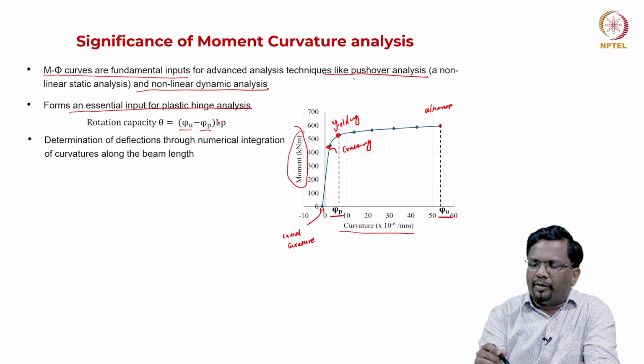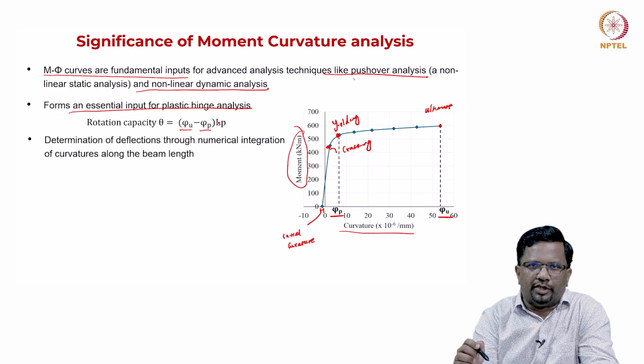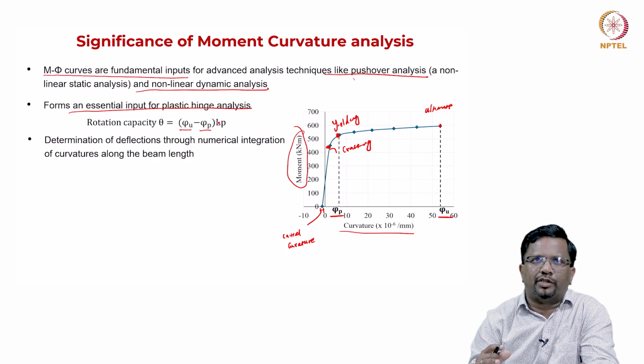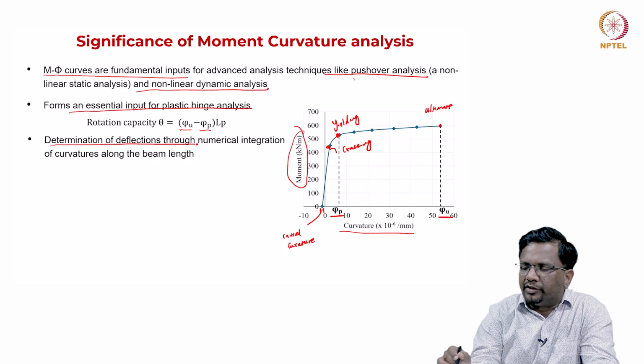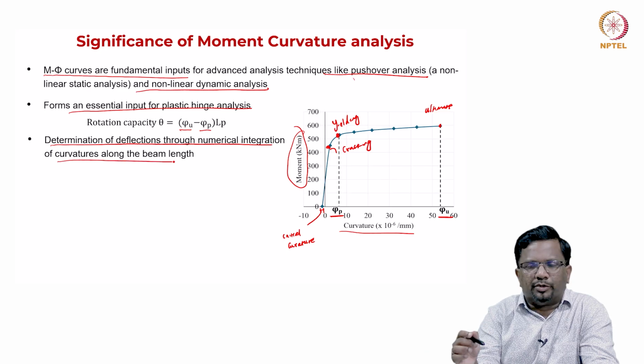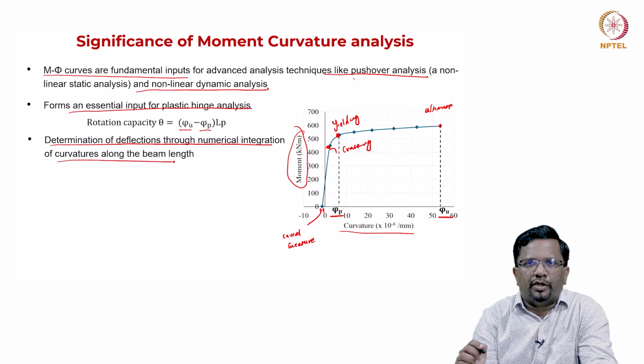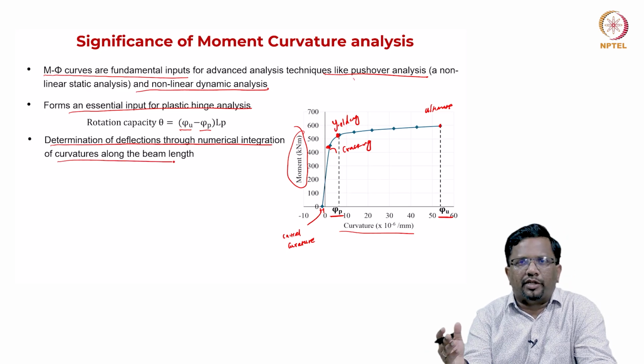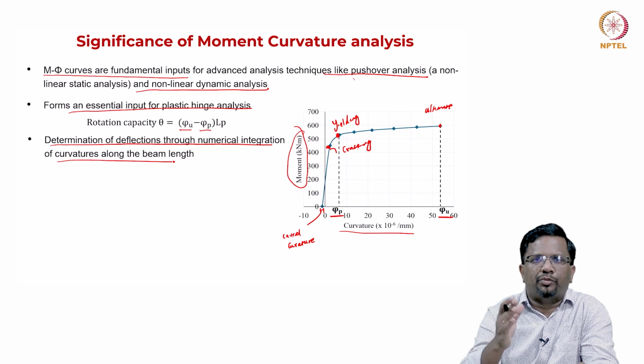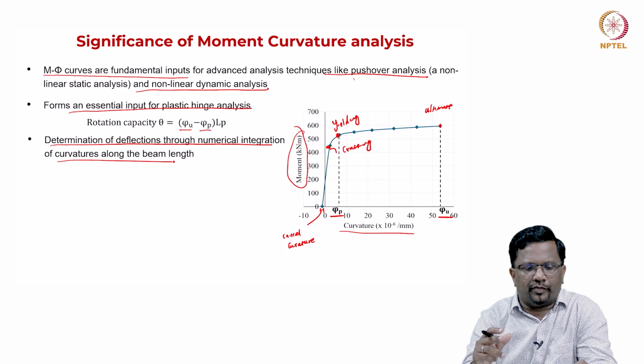It also helps establishing this moment curvature behavior for different cross sections, helps us to get the deflections through numerical integration of curvature, because you know from moment area theorem, right, the double integration of your curvature distribution will give me the displacement between the two regions where we are integrating, right.